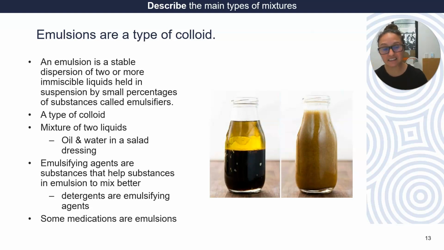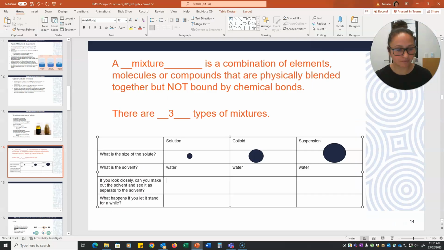In this instance, in an emulsion, what you have is a liquid going into another liquid. Okay? So you don't do solute into solvent, you go solvent into solvent. That's the difference. And because sometimes they don't mix very well, you need to add stuff in there that allows it to mix. And that's what a detergent does.